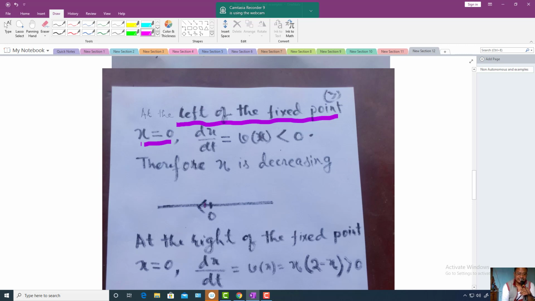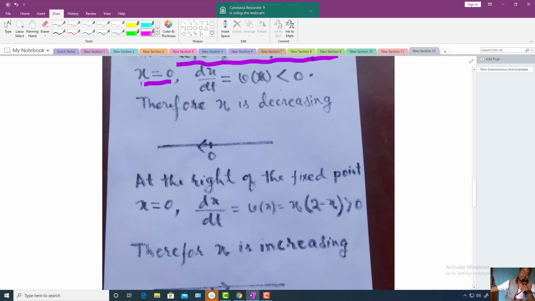The phase point under the dynamics moves away from the fixed point. So the points just near 0 on the left of 0 are not coming near to 0, they are moving away from 0. That is the behavior.